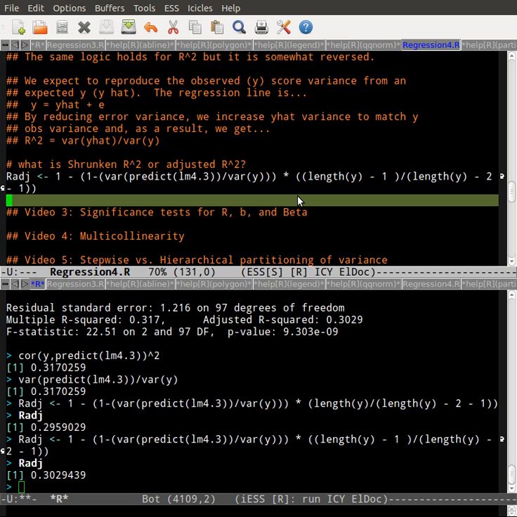Second, it punishes you for small sample sizes, because small sample sizes produce correlations that may have a great deal of standard error, so there's not a lot of precision to those estimates.